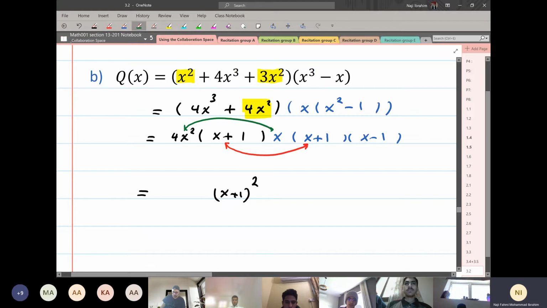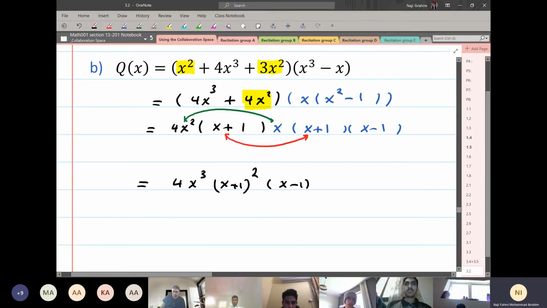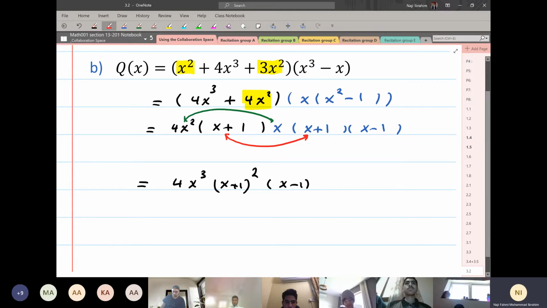I have to make these only one factor. If I do that, what do I get? 4x, 3. And the last one is x minus 1. Now, do you see that every 0 is repeated only one time here, or more than one time? Yes, 1 time. Now let's find the zeros.